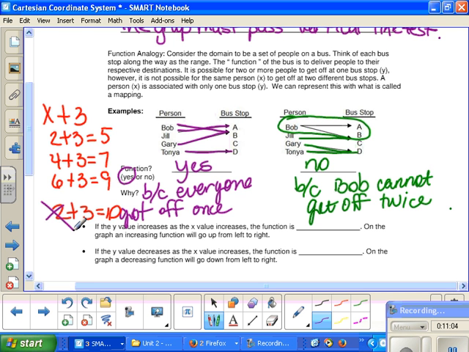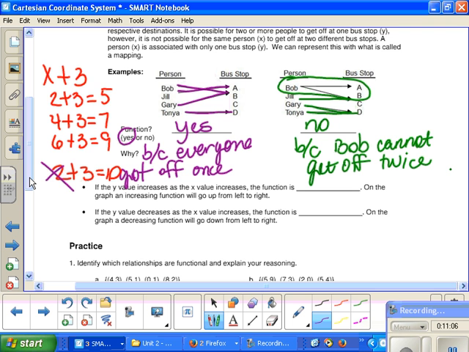Okay? One other thing on here, to finish up. If we have this on a graph, and x is increasing while y is increasing, is our function increasing or decreasing? Increasing. These are pretty easy. If y decreases while x increases, what kind of function is it?